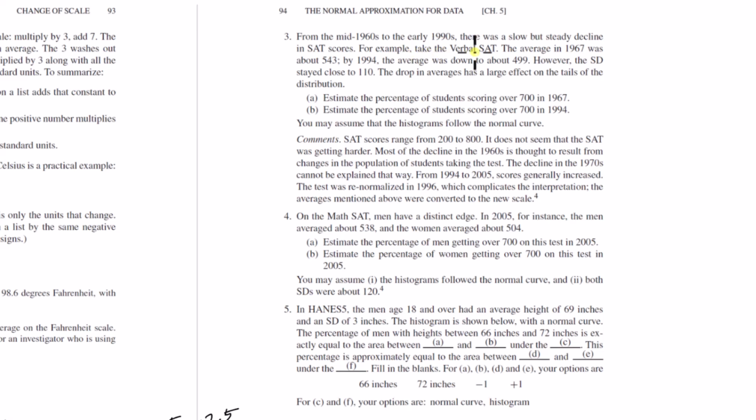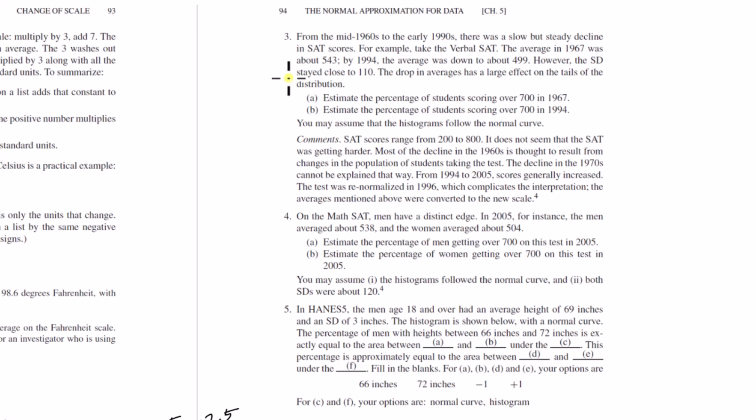If you're going to make the statement that all that happened over the course of these 30 years was that the average score dropped, then in general, what you're saying is that every student's score just went down by about 50 points. And you can make that statement because the average dropped by 50 points but the standard deviation didn't change. So students in general just aren't scoring as well.